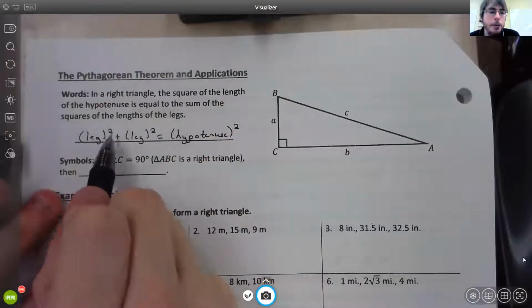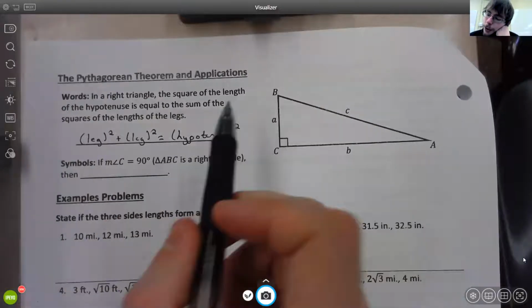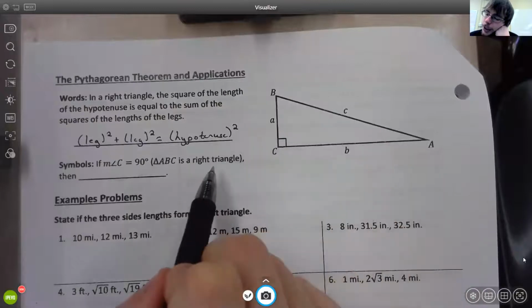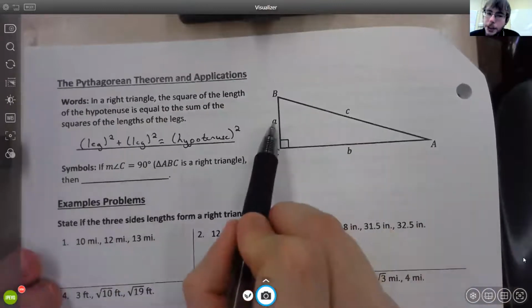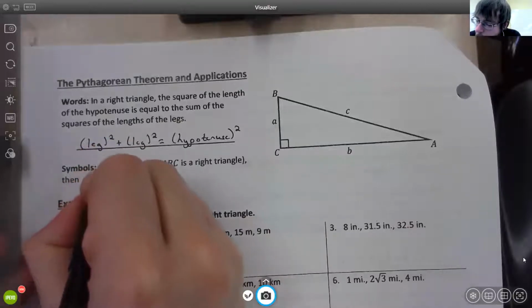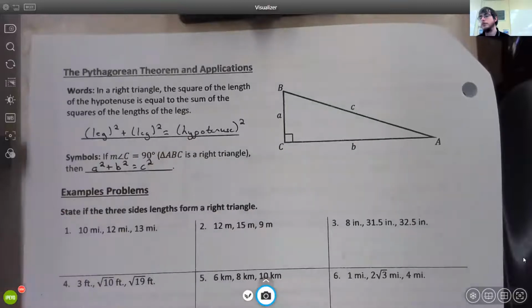So leg squared plus leg squared equals hypotenuse squared. So if the measure of angle C is 90 degrees, in other words, ABC is a right triangle, then we know that A squared plus B squared equals C squared.